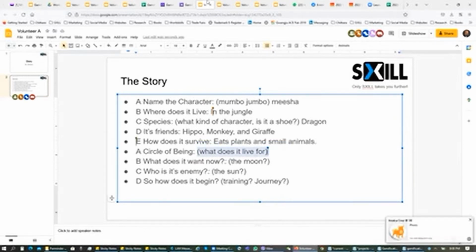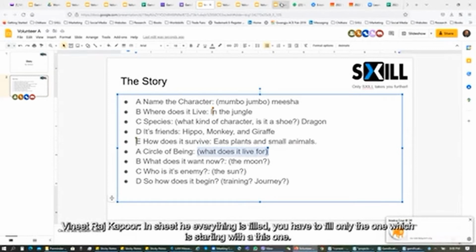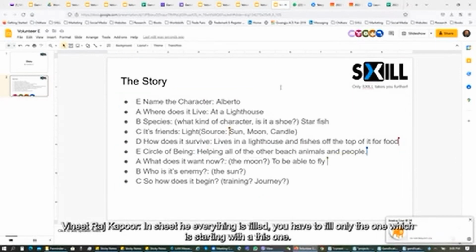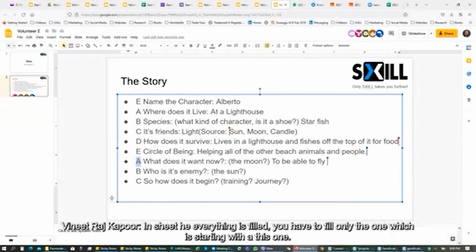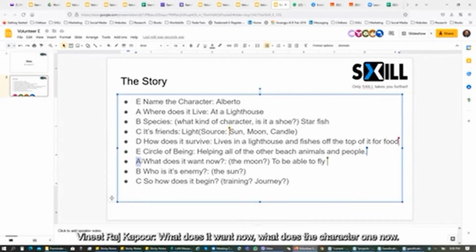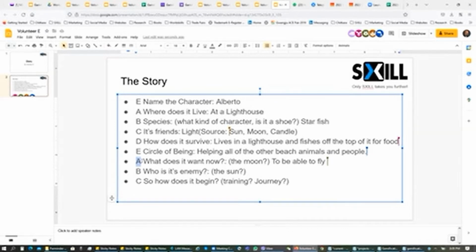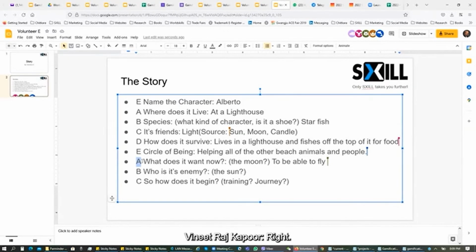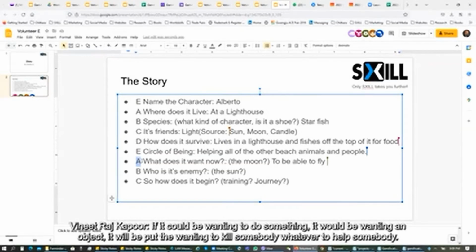Great. You're doing well. I am not able to track where I need to go because everything is filled in sheet E. So, in sheet E, if everything is filled, you have to fill only the one which is starting with A. What does the character want now? It could be wanting to do something. It could be wanting an object.